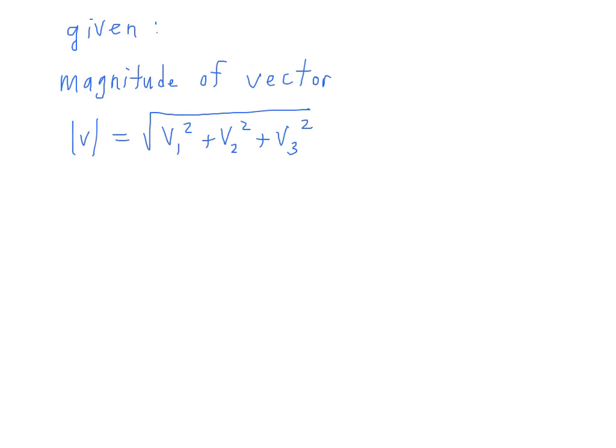So this is how they present to you the formula for the magnitude of a vector. Again, this is given in your formula sheet. So you can see that here they're just using a lowercase letter. They're using lowercase v to represent the vector. We see the absolute value symbol around it, which again is our symbol for magnitude. And you can see that there are 3 different components here that are squared and then added together in our formula.